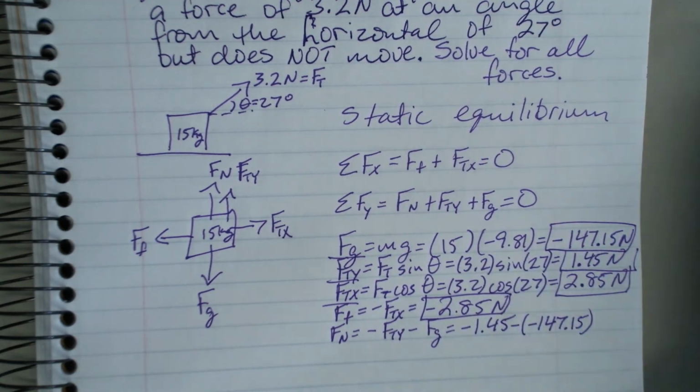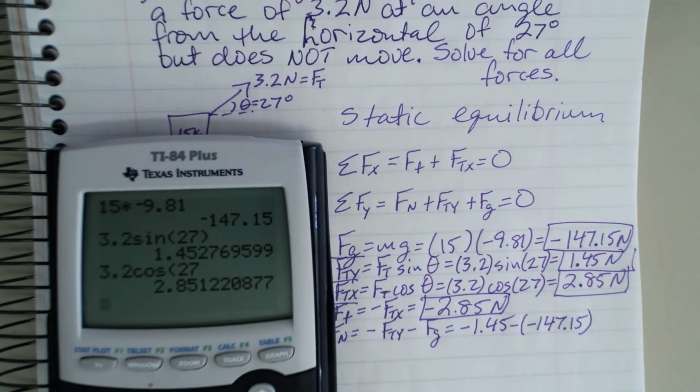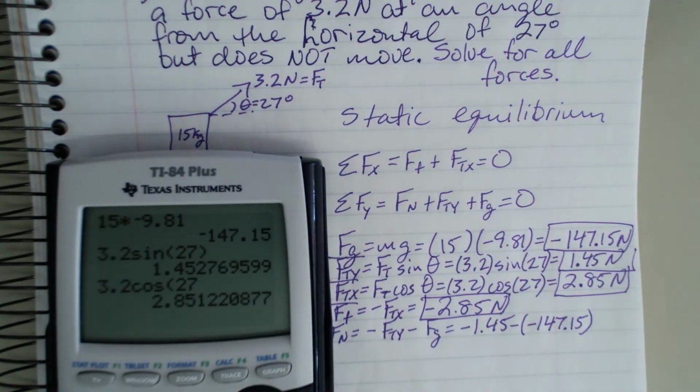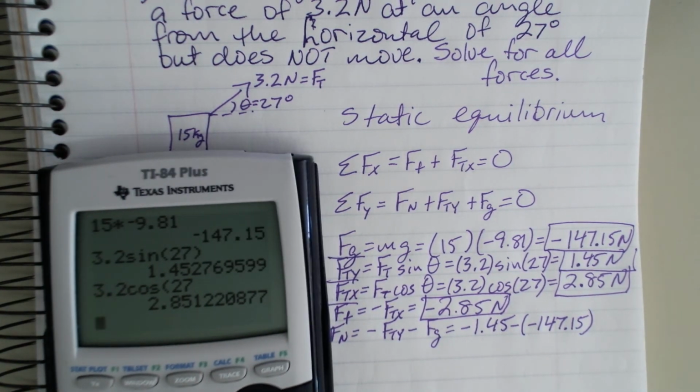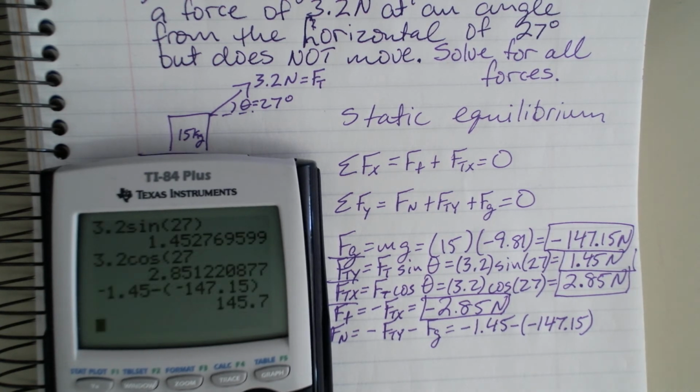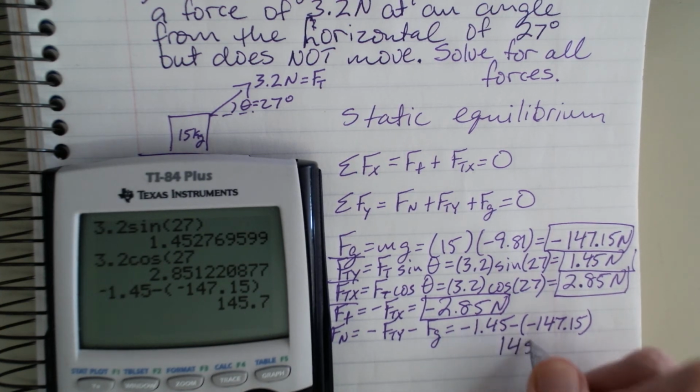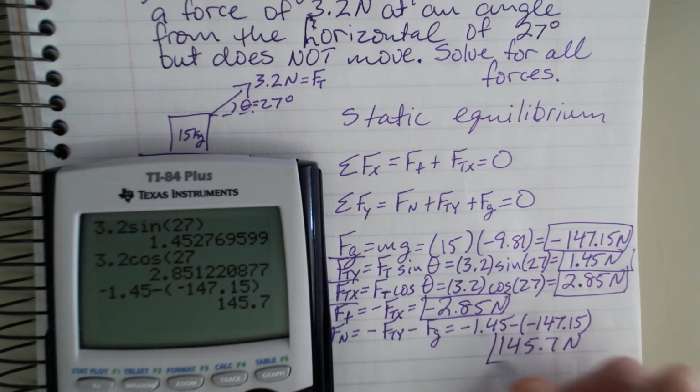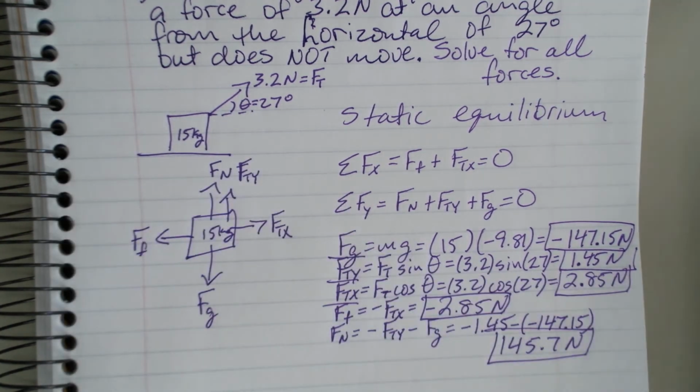I'd probably just stick that in my calculator because that's a lot of negatives, and I don't want to get a bad answer because that would be a negative score. Sorry, that's funny. All right, so negative 1.45 minus negative 147.15, bless you, equals 145.7 newtons. And those are all the forces.